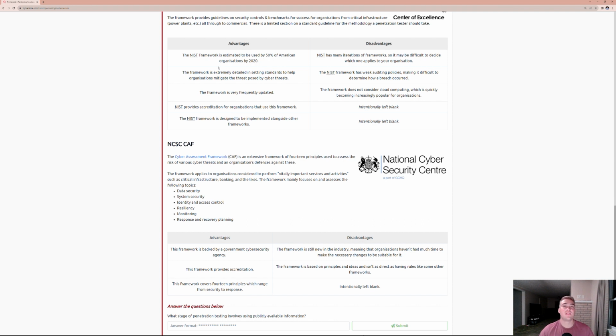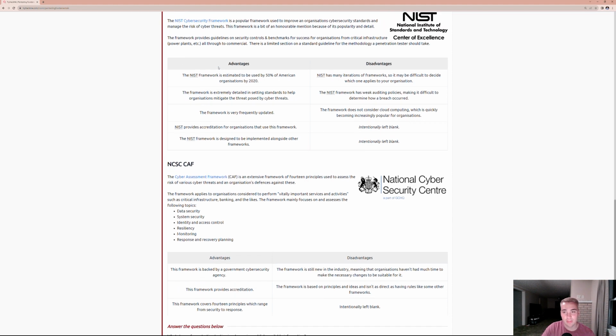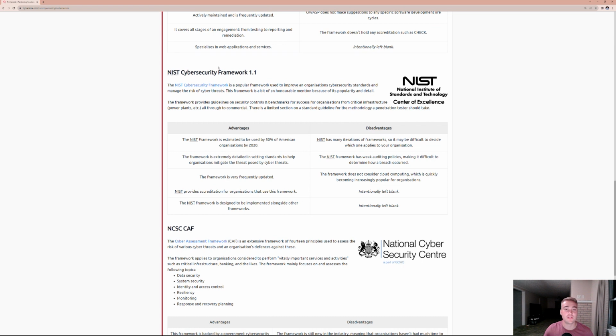So NIST is actually a large group of many different things. I'm not really sure what they're talking about there when they say that it doesn't consider cloud computing, because that just isn't true. NIST publishes many different publications, and within each of these different publications, it talks very well in detail.